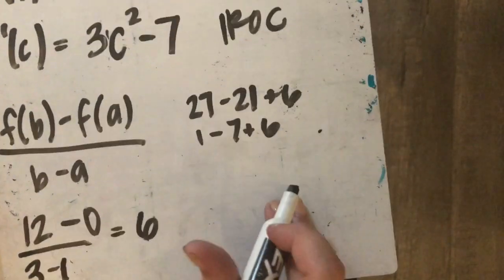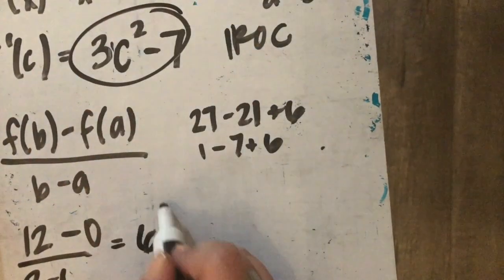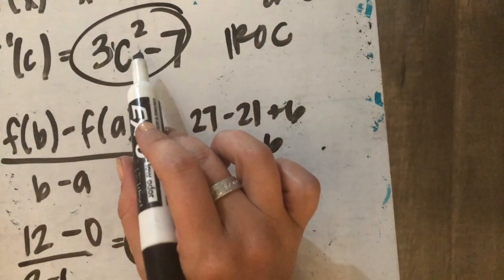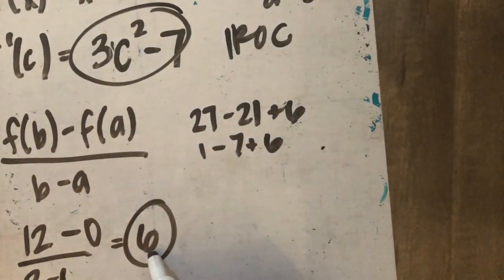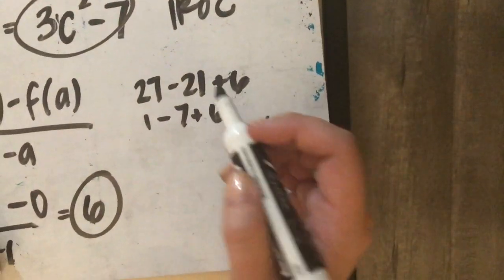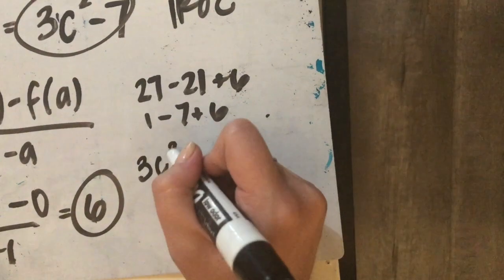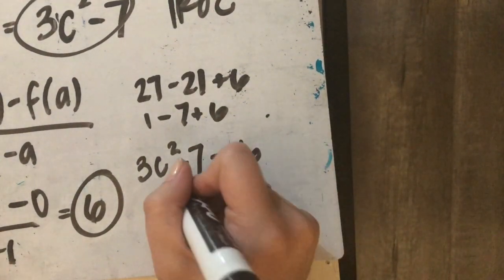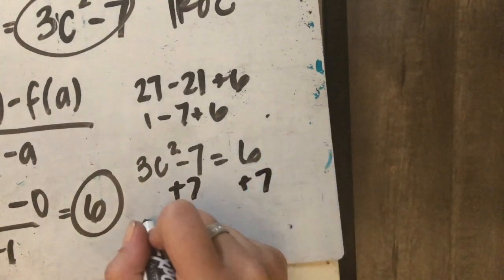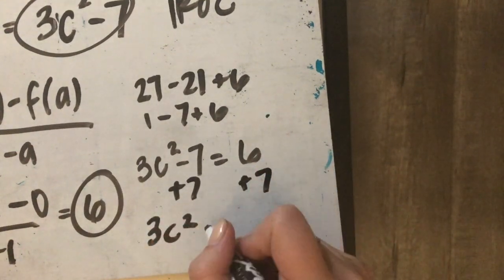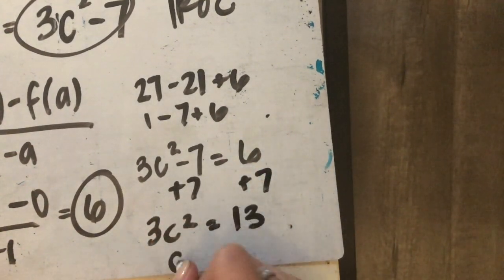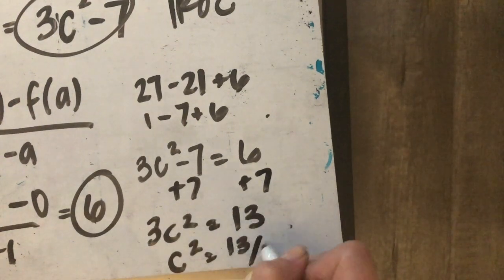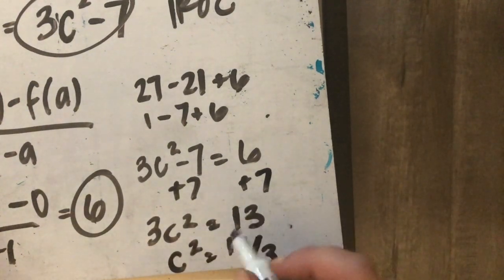Okay. So now I want to set this equal to this, my IROC equal to my AROC. Okay. So I have 3c squared minus 7 equals 6. So I'm going to add 7 to both sides. I get 3c squared equals 13. C squared equals 13 over 3. And yes, it looks weird, but it's okay.